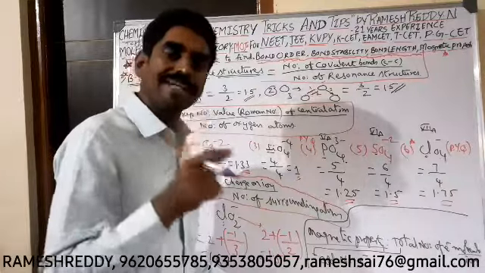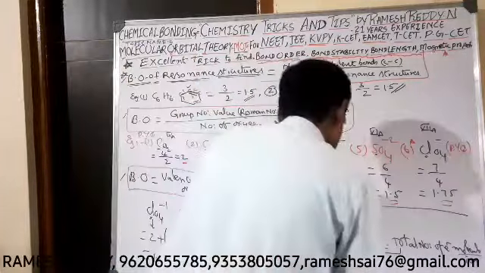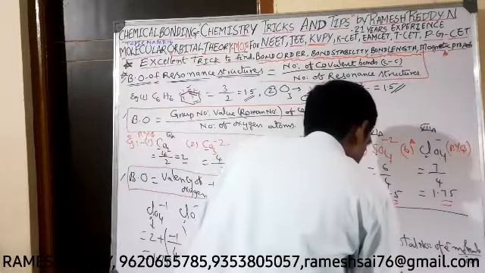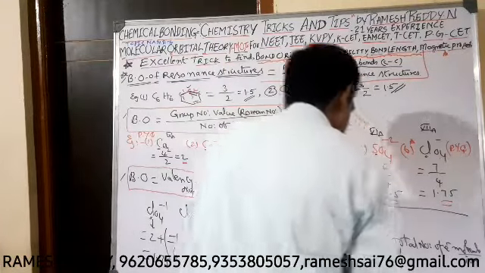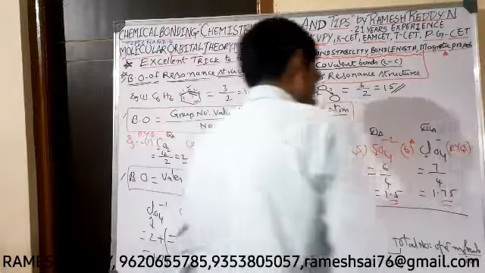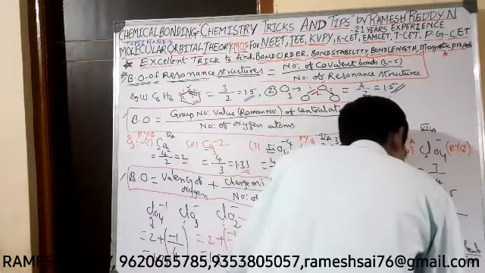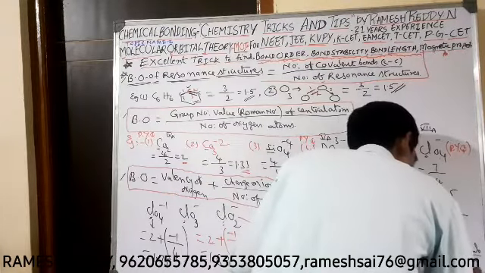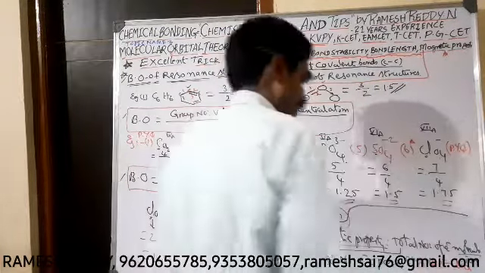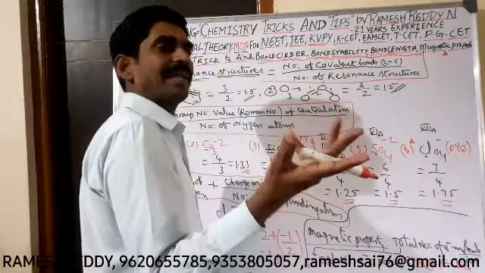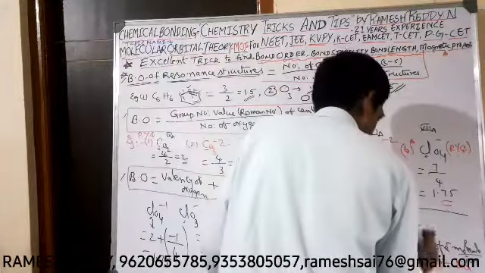If an odd number of electrons, it means an unpaired electron is there, so that's why it is para. But if the total number of electrons of a molecule is an even number, then that is dia. Even number means you get pairing, and pairing means no unpaired electron.